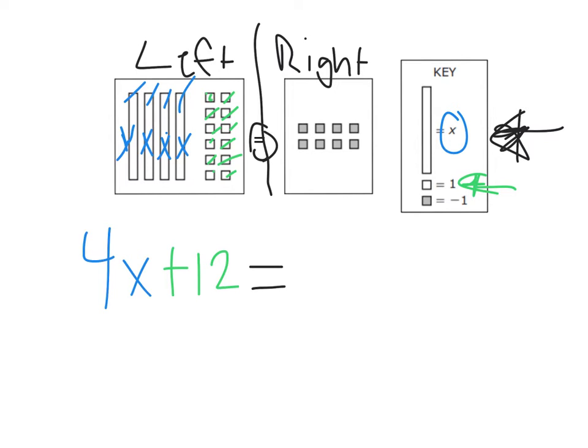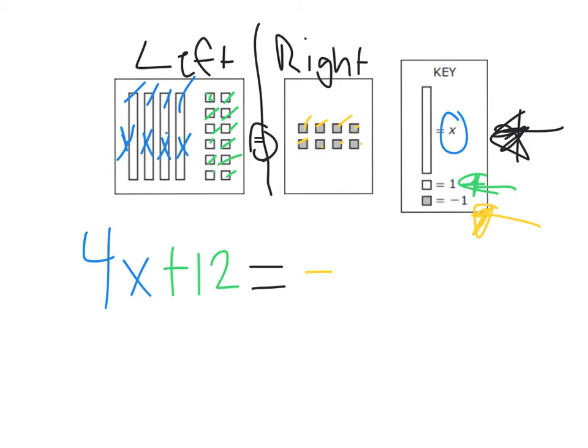But since we have an equal sign, we also need to figure out what's on the right-hand side. So again, I'm going to come back to my key and I'm going to look. Okay, well, I have these shaded in squares. So what's a shaded in square worth? And what the key tells me is that for every shaded square I have, it's worth 1 negative. So again, I'm just going to count. Well, I have 1 negative, 2 negatives, 3 negatives, 4 negatives, 5 negatives, 6 negatives, 7, and 8 negatives.